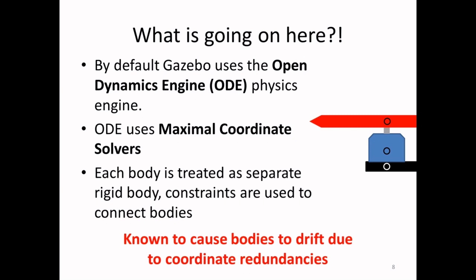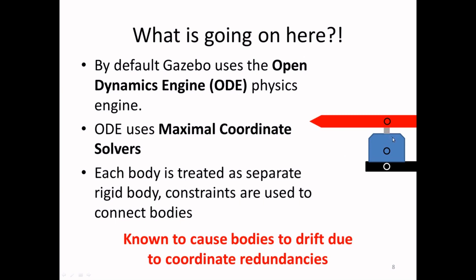And ODE is a maximal coordinate solver, which means that essentially it's modeling and treating each individual link. So we have our propeller, our motor, and our frame as separate rigid bodies. And during a single simulation time step, each of the forces, torques, and everything is being computed for each rigid body. And then at the end of the simulation, the constraints that were specified between all these links is then enforced, and you have to specify these actual constraints.